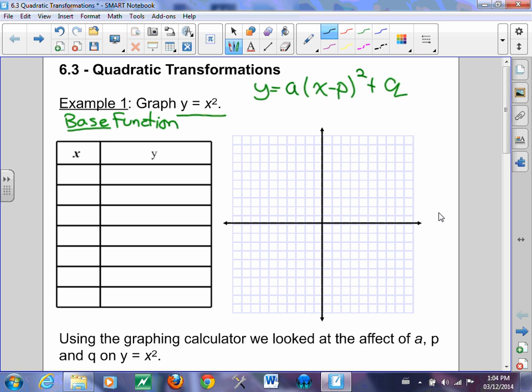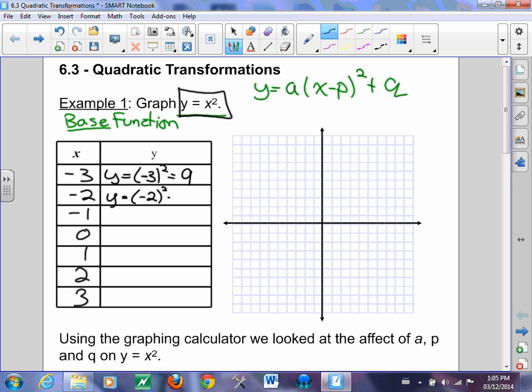All right. So ladies and gentlemen, based on this equation here, we're going to graph it, and you've probably graphed it a couple times already. Let's just quickly remember how we do this. If you want to set up a table of values, that's one way to graph it. I'm going to use some negative values, I'm going to use some positive values, and you just substitute in. So it's going to be y equals negative 3 squared, which equals 9. Y equals negative 2.